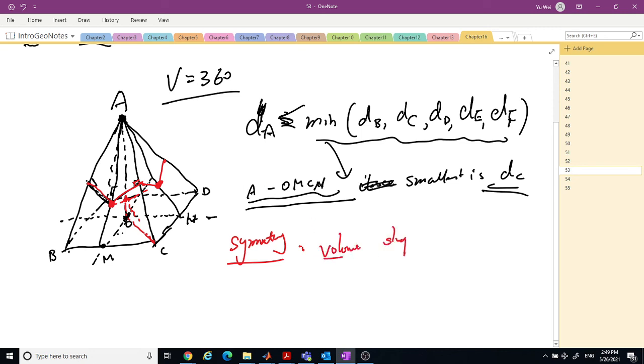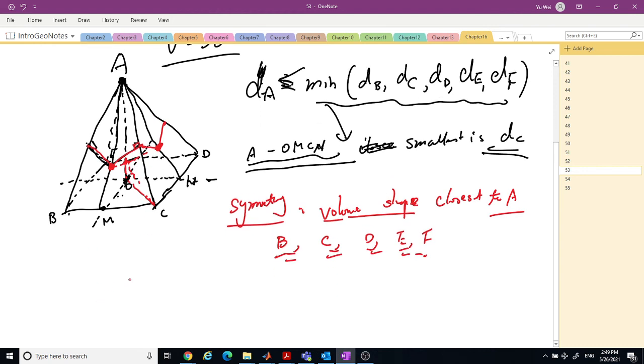The shape closest to A is also congruent to the shape closest to B, C, D, E, and F, right? Because if you're passing through the face point, it becomes the closest to the next one, to the other ones. So that's why you totally have 6 such cutting solids.